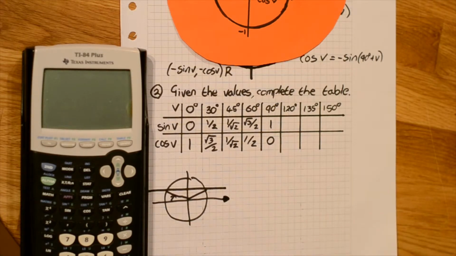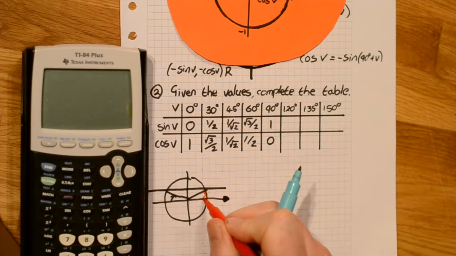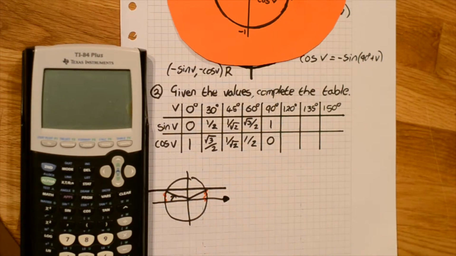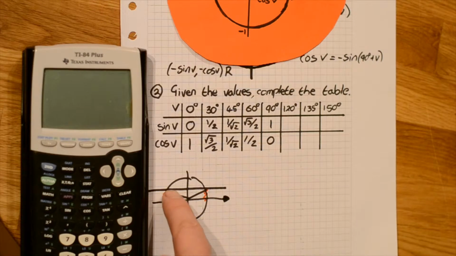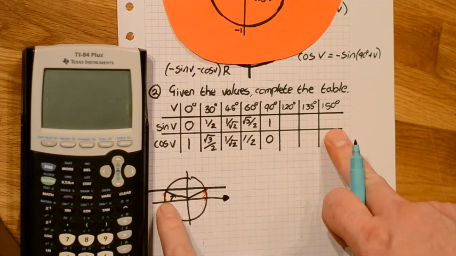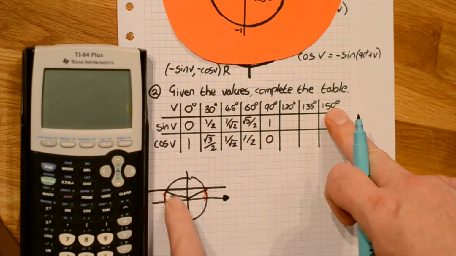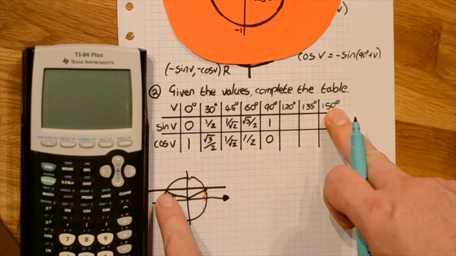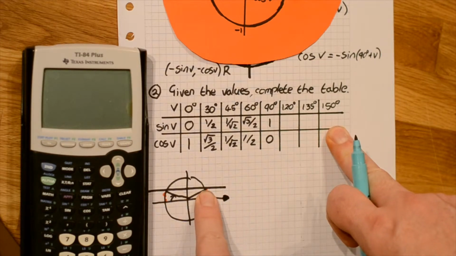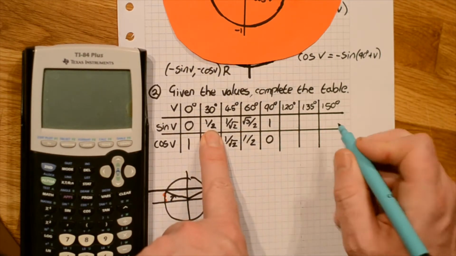This means that this value here and this value here are the same size. Now what angle is this? If we rotate upwards by 30 degrees and we rotate backwards from 180 by 30 degrees, it brings us to 150. So we see that the sine of 150 degrees is going to be the same as the sine of 30 degrees. They're going to have the same value.